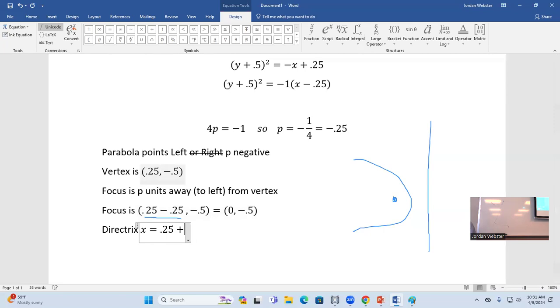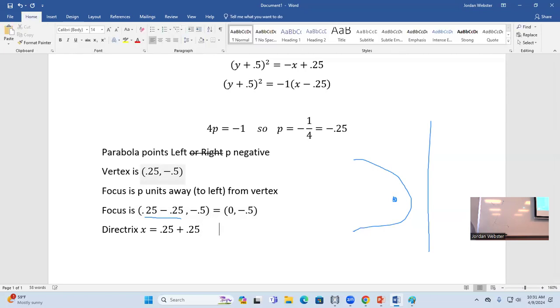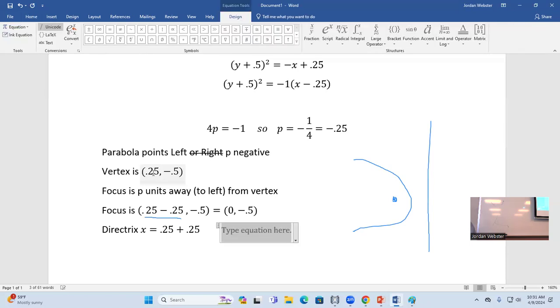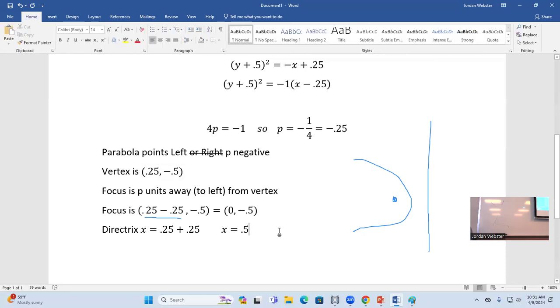And then I have to add 0.25 to it. So the directrix is going to be the vertical line, x is equal to 0.5. Remember, all vertical lines have equations x equal to a number. All horizontal lines will have equations that look like y equals some number. So there you go.